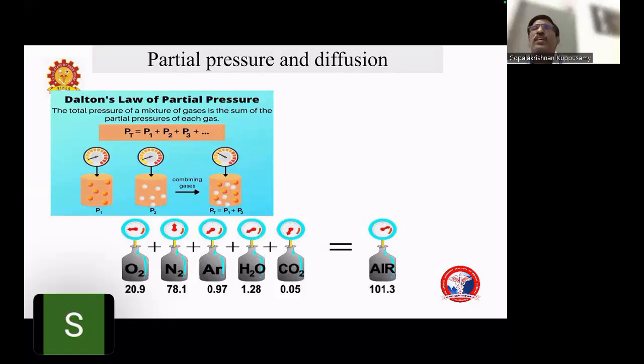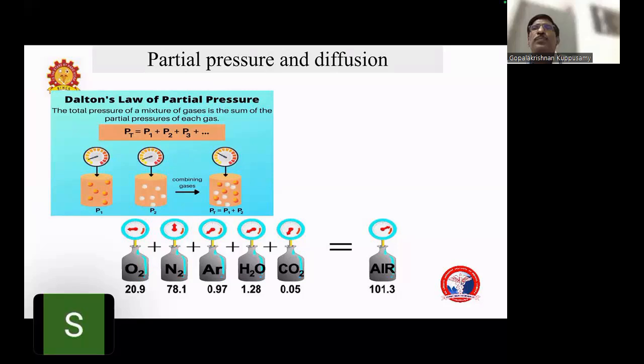Pressure and diffusion. Dalton's law of partial pressure says that the total pressure of a mixture of gases is the sum of the partial pressure of each gas. If there are three gases, they have three individual pressures.